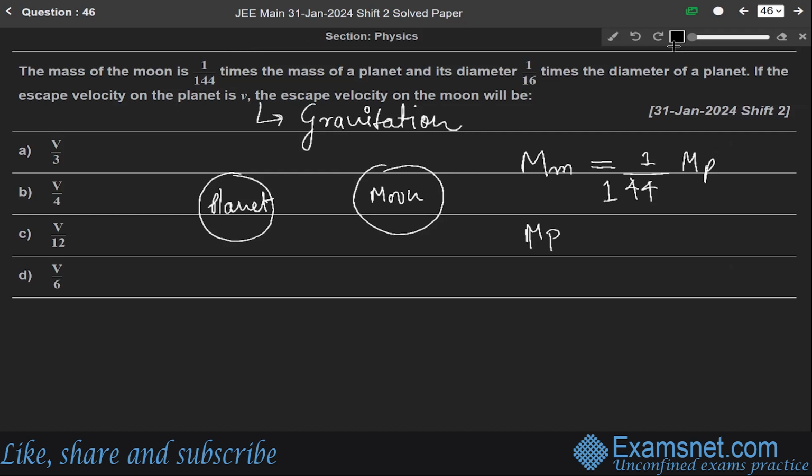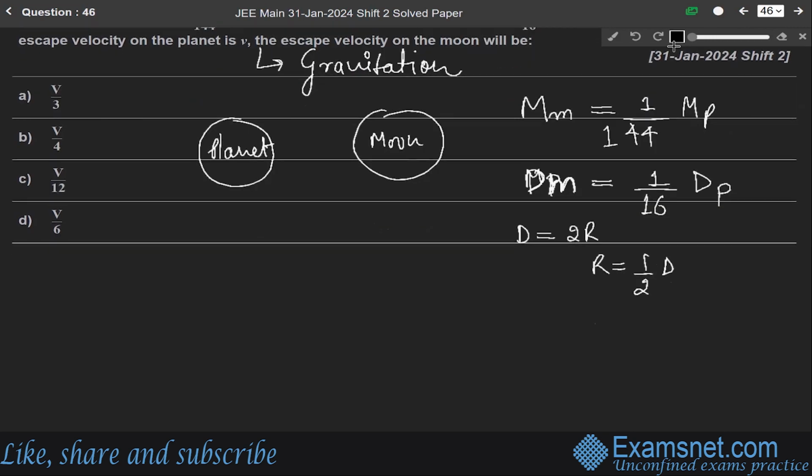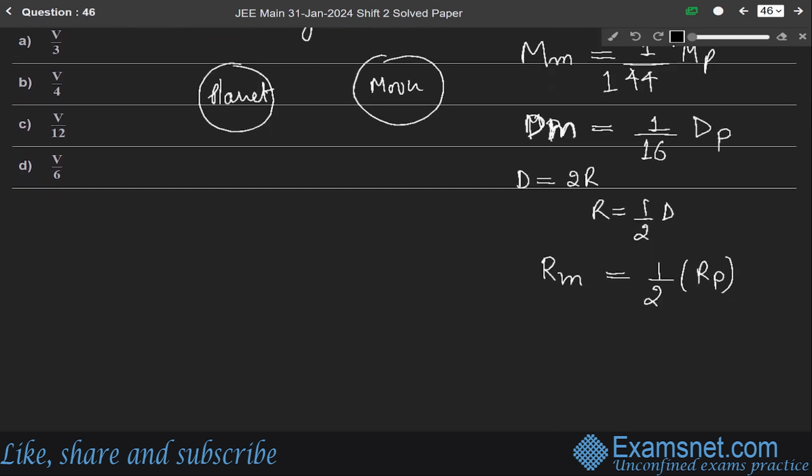Let us say diameter of moon is dm, it is equal to 1 by 16 times the diameter of the planet. So diameter is equal to 2r, meaning radius equals half of the diameter. So we write the radius of the moon is equal to half of the diameter of the moon, which is half of 1 by 16 of the diameter of the planet.